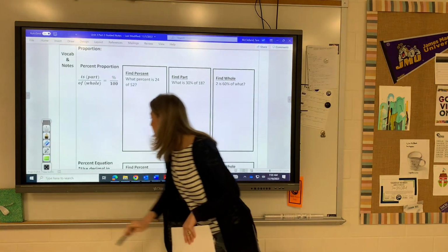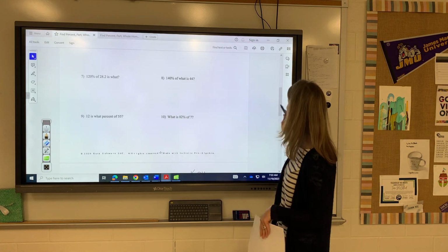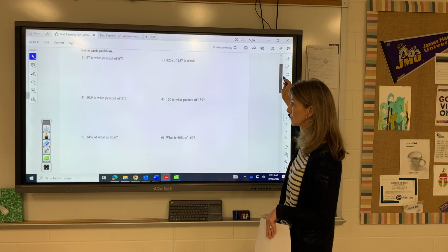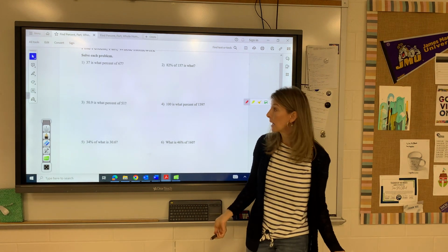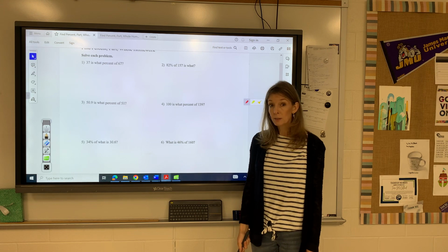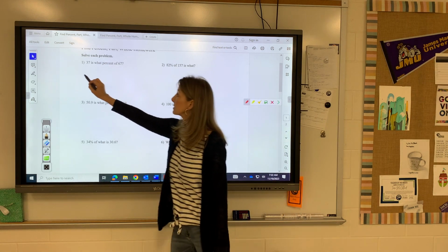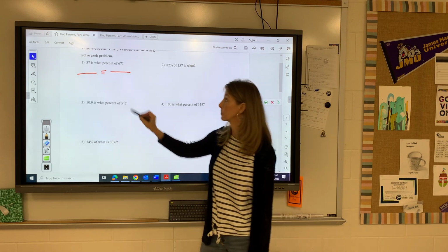Here's what the sheet looks like. We can go ahead and do the first one together. It says 37 is what percent of 67? So again, line equals line. Fill in the 100%.